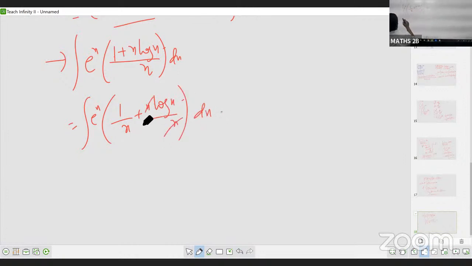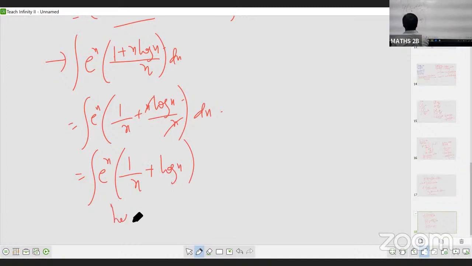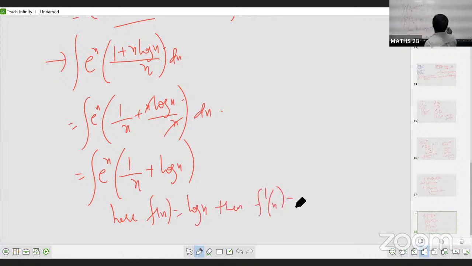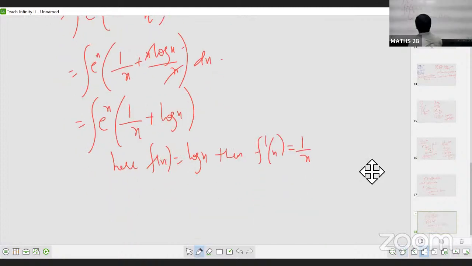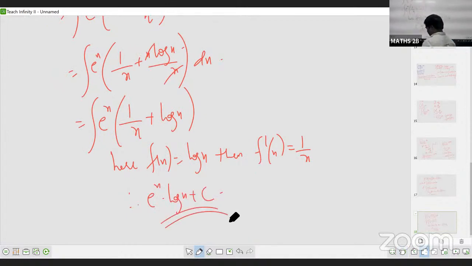X and x get cancelled. e power x into 1 by x plus log x. Now here your f of x is log x. Your f dash of x is 1 by x. Is it clear? So therefore, e power x into log x plus c.